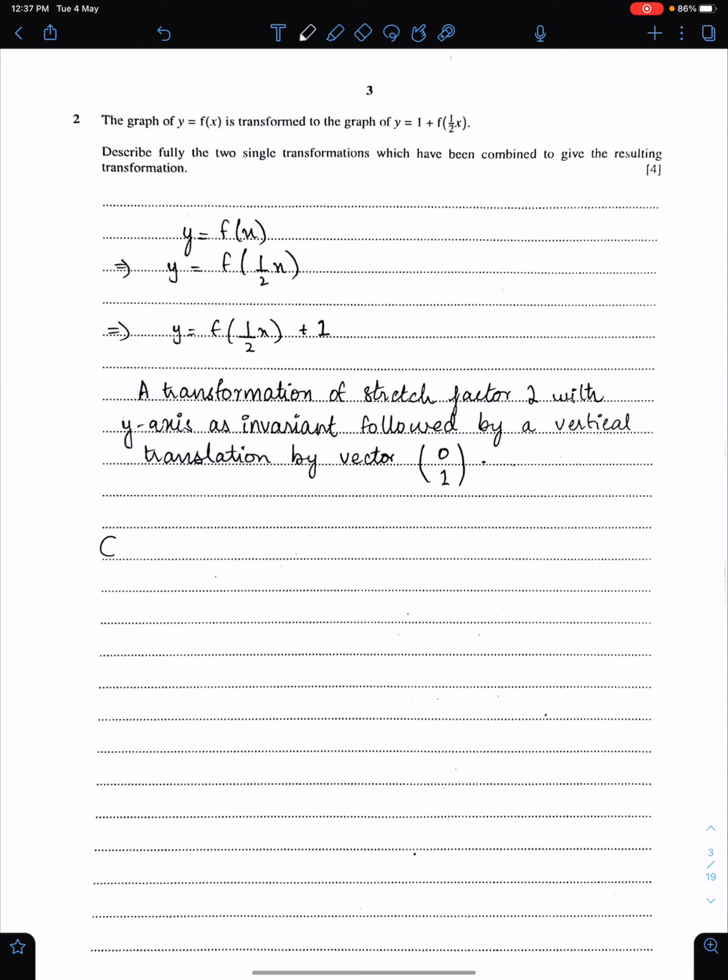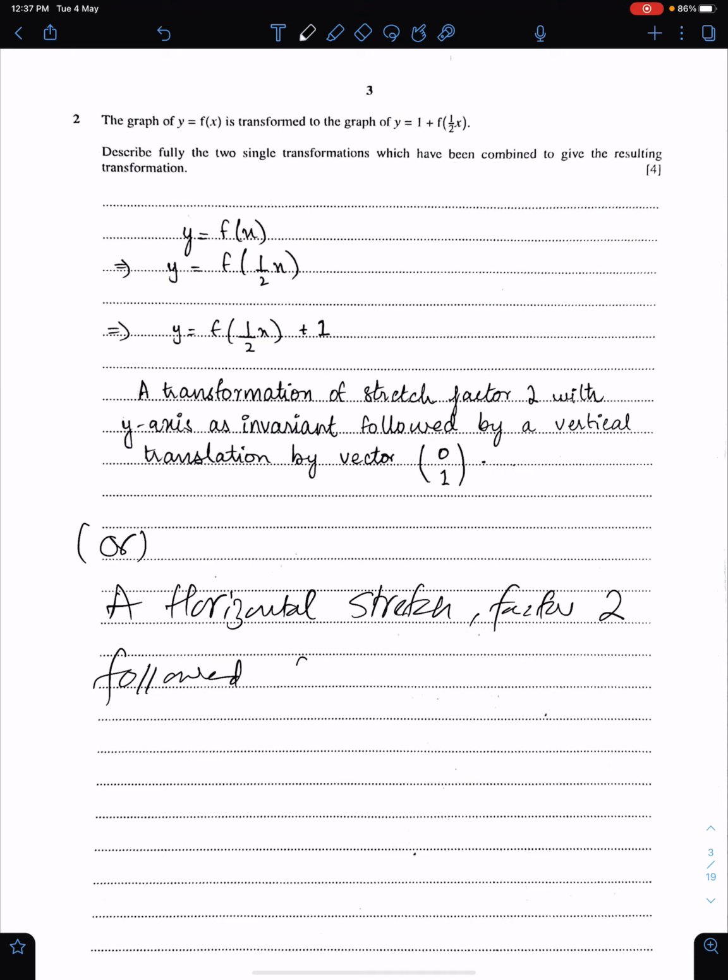And the other way is horizontal stretch factor 2 followed by translation vector (0, 1). You can describe this in any way.